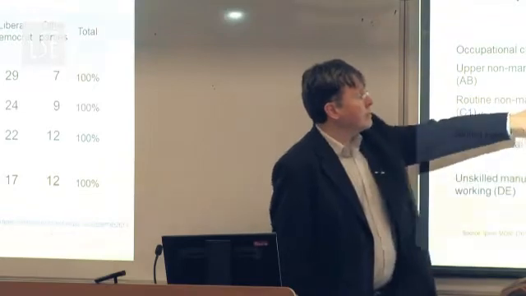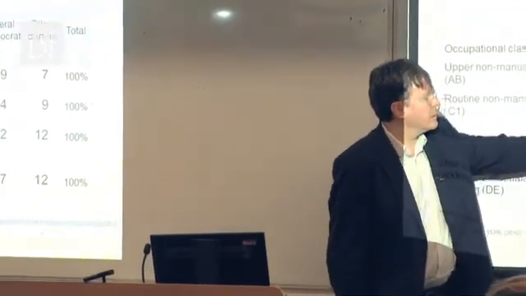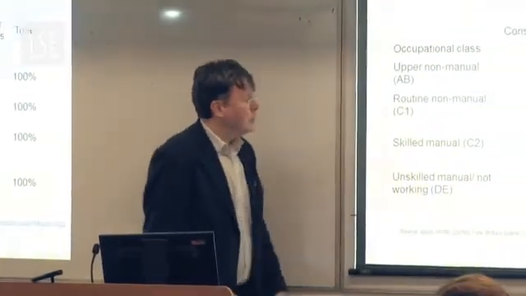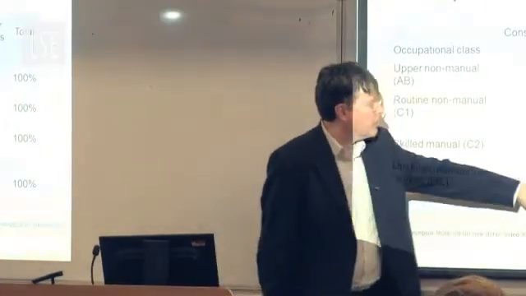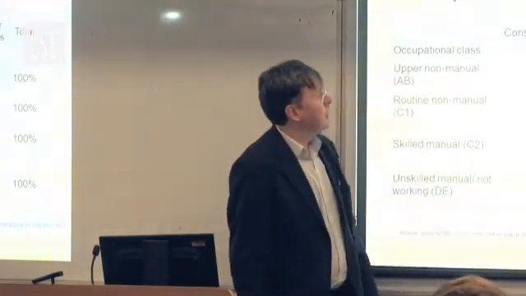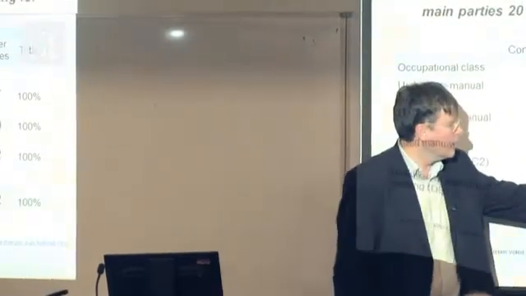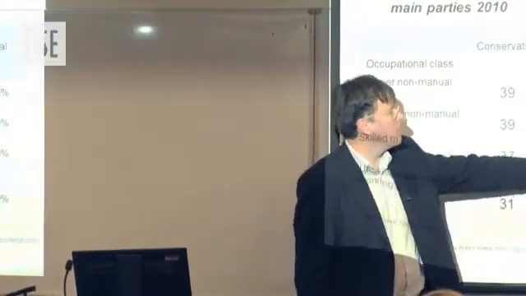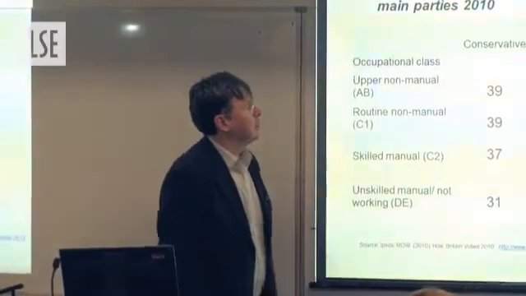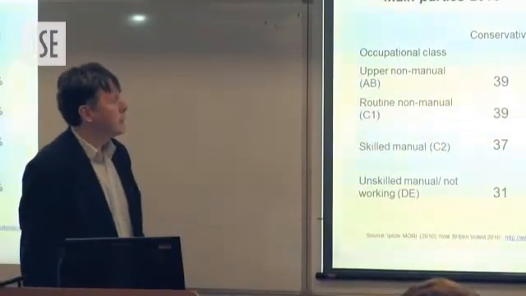Meanwhile, the same pattern is true for Labour. There wasn't really very much variation here. There was stronger Labour voting in the DE group. And for the Liberal Democrats, weaker voting in the DE group, but pretty similar across the other groups.